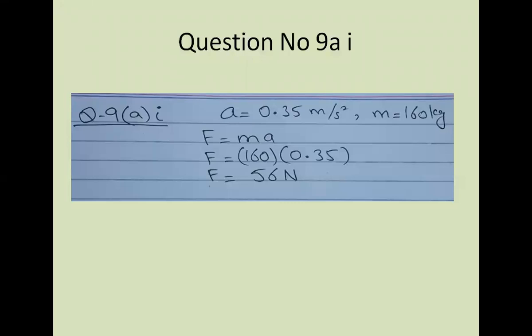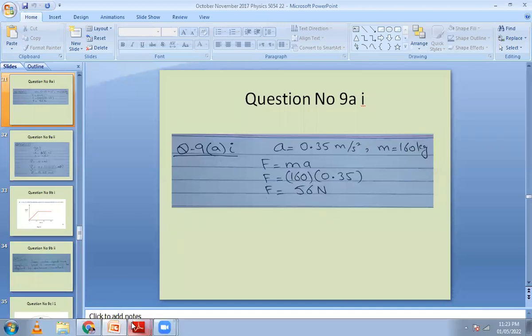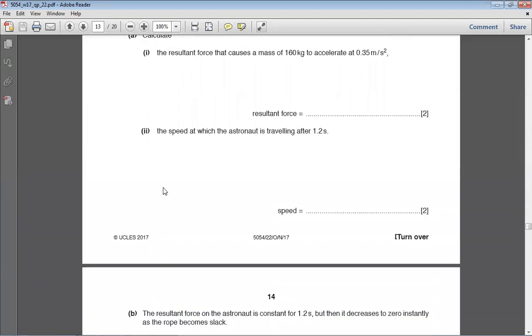So on your screen, F equals ma, the mass is 160 kg, and a is 0.35 meter per second square. Just multiply them, you get 56 newtons. So the resultant force is 56 newtons. That was question number 9, part A, first part.